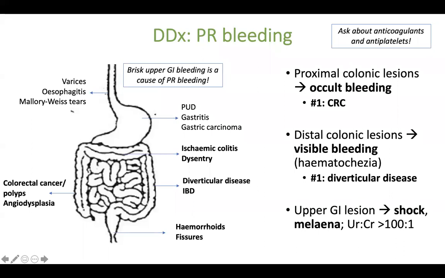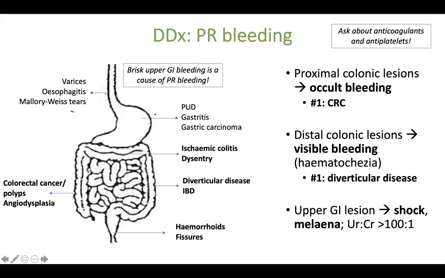Obviously, you might have a different way of doing it, but that's how I like to structure it, because if you go into the OSCE and you find out it's fresh blood, then you want to start focusing on the lower down sort of things. If it's talking about melena, then you want to start thinking about your upper GI causes, okay? So I like to just think about it anatomically.